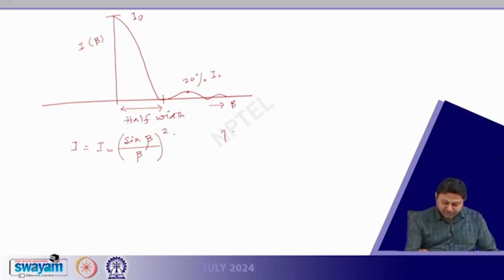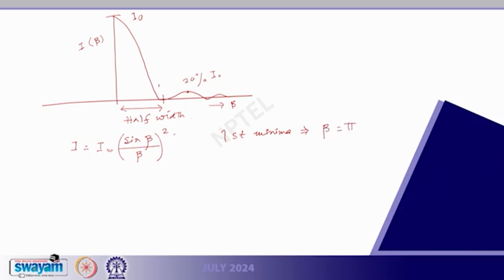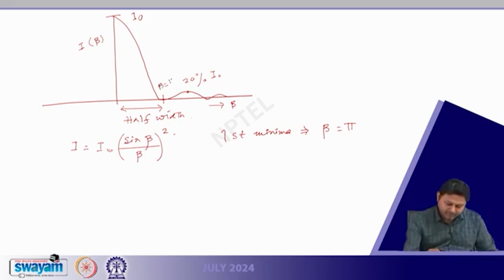And the first minima is when beta equals pi. So, at this point beta is equal to pi.